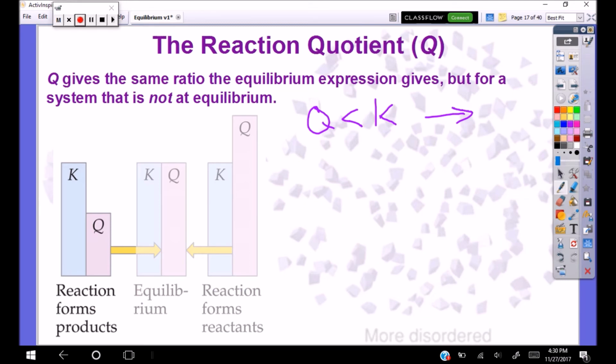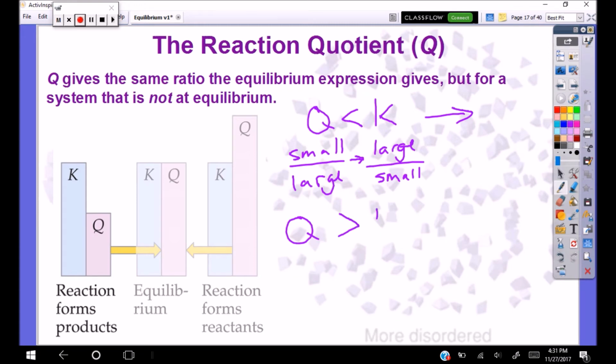If we think about it, that means here, products are typically larger, and the denominator is normally small. But here we're saying that it's small and large. So we want to shift in that direction, okay? Now the other circumstance is when K is less than Q. That means this is reversed.